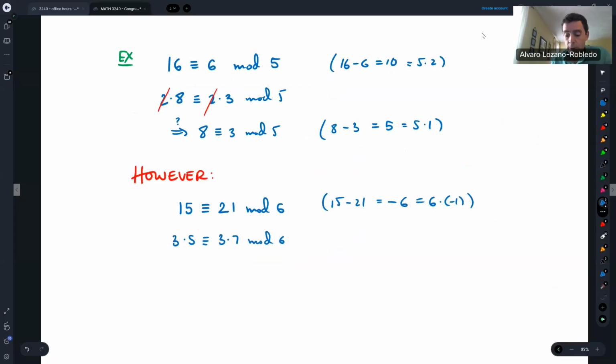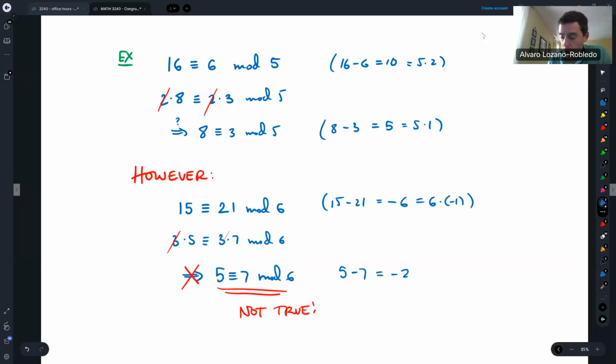However, this does not imply that I can cancel these 3's and get that 5 is congruent to 7 modulo 6, because that is not true. Because 5 minus 7 is minus 2, which is not a multiple of 6.